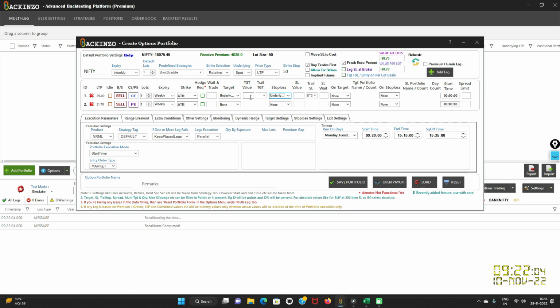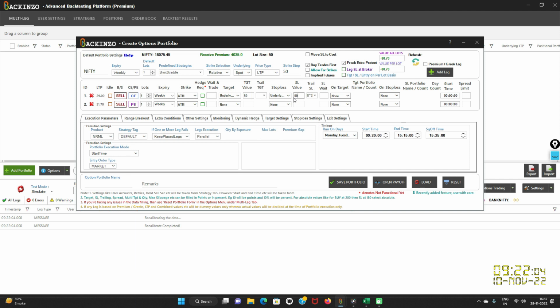Now in this case, as you can see, I have picked a leg here. So in target, I'm specifying, let's say, 50 points. And under this SL value, I am inserting 50 points. Now you may have thought, when I'm selling a leg, as you can see it's a sell leg, call sell, and still I'm inserting a neutral value of 50 points in the target as well as in the stop loss.